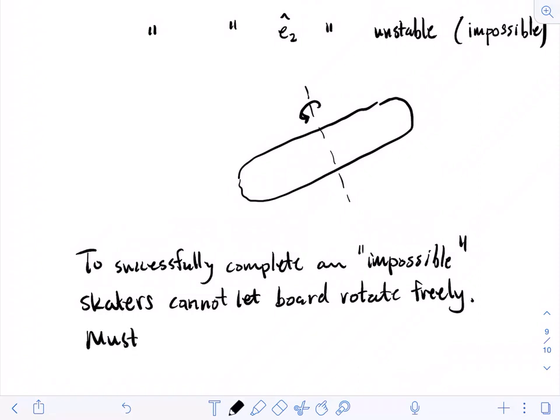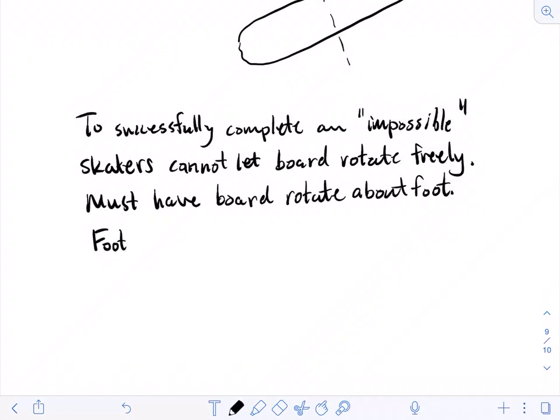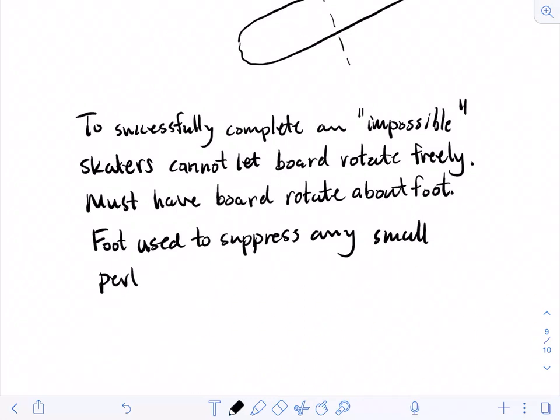They must have the board rotate about their foot, and this foot is used to suppress any small perturbations to the angular velocity direction.